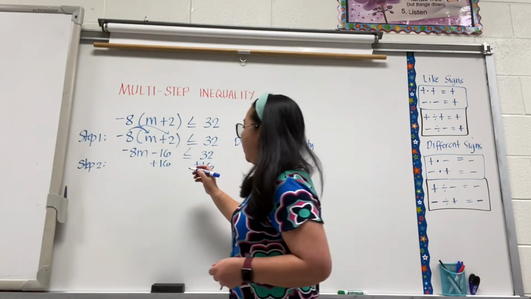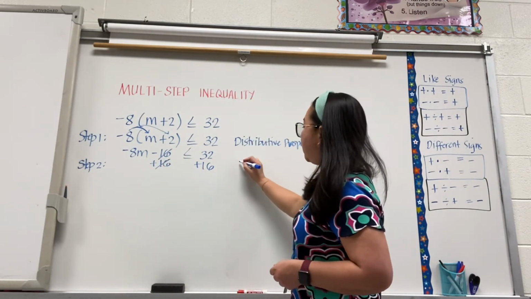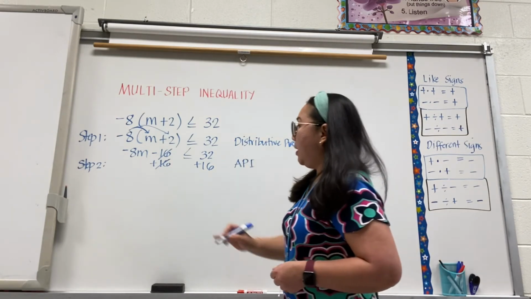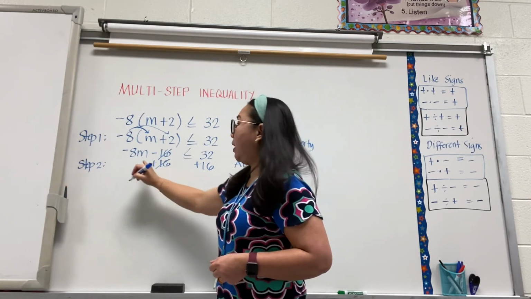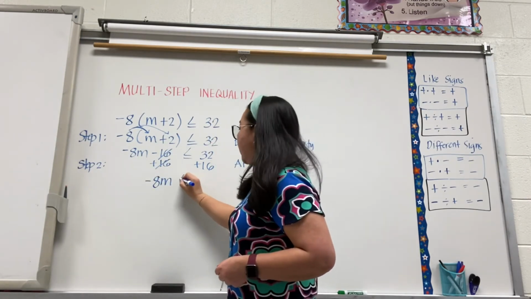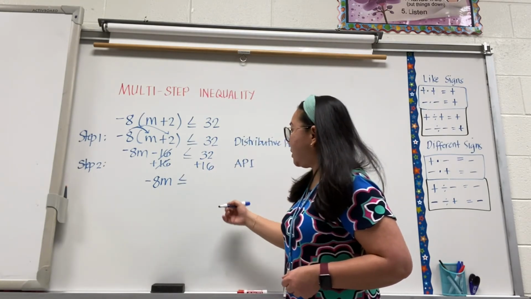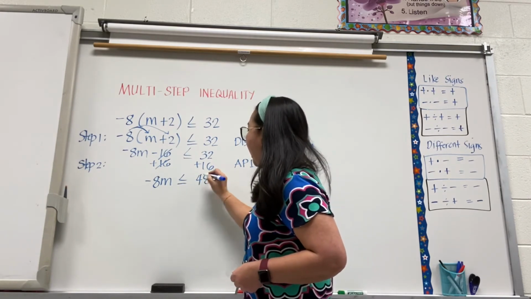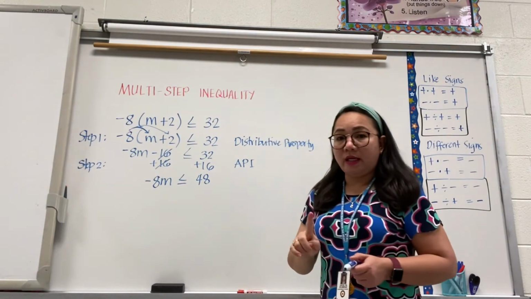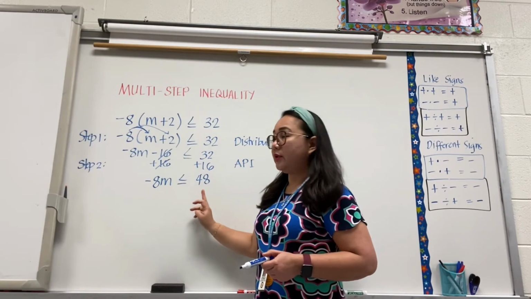And then we can cancel this out. Here we are using the addition property of inequality. Since we cancel this out, the remaining term is negative 8m. Then the symbol less than or equal to. So work on this. 32 plus 16 will give you 48. So the new inequality is negative 8m is less than or equal to 48.